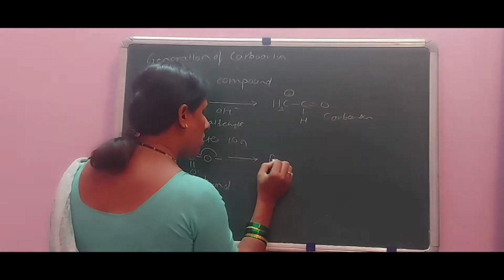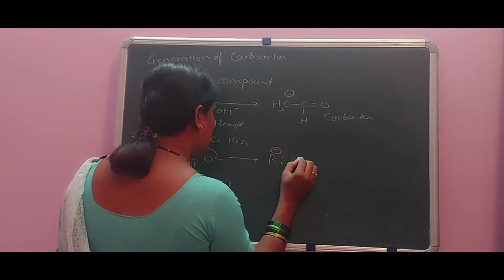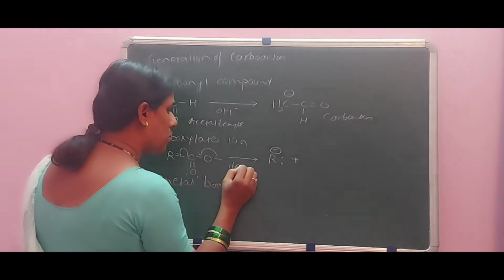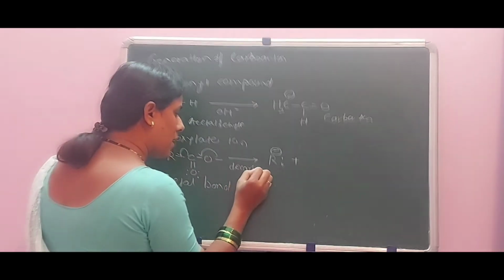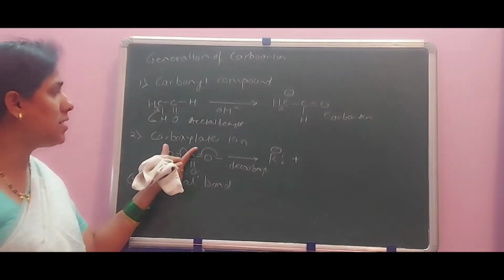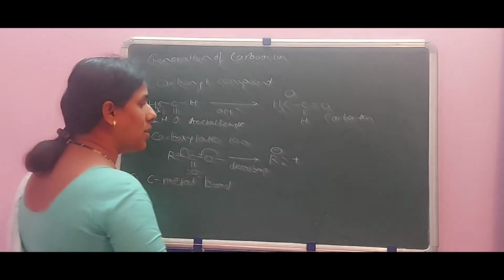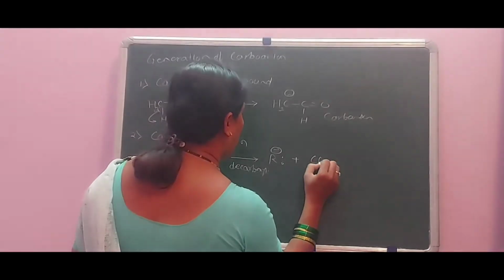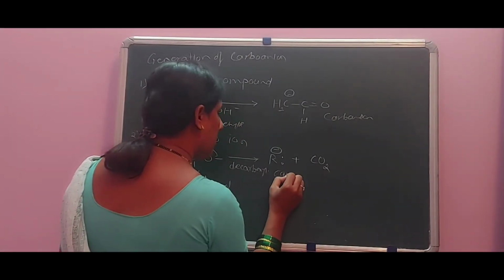Therefore, there is formation of a negatively charged species plus decarboxylation. The decarboxylation step is carried out in this carboxylate ion. Thus, there is formation of a carbanion.